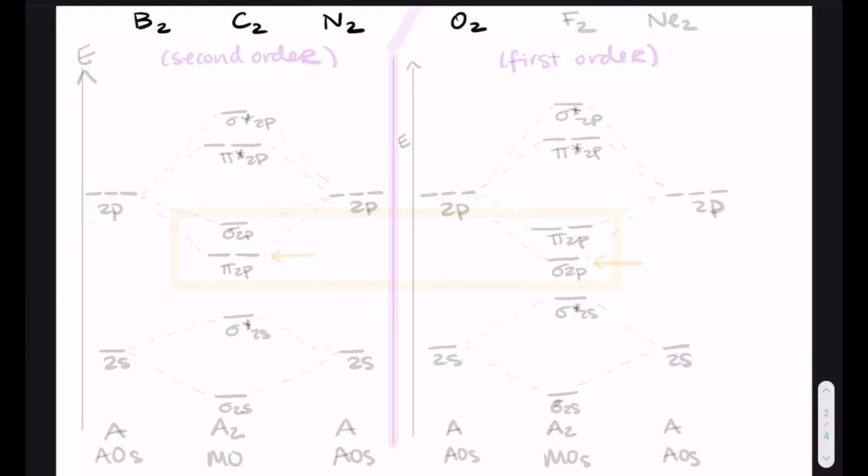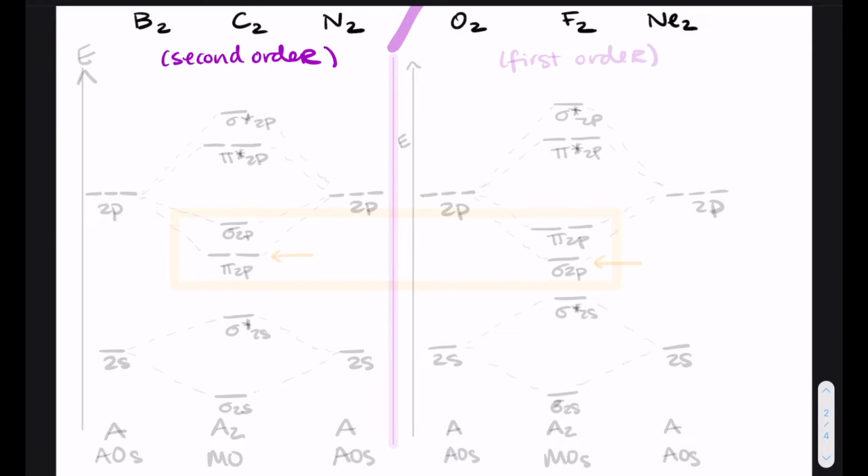The ordering, which was determined experimentally, you'll see slightly different for some parts of the periodic table than for others. I am going to give you these diagrams, and yes, I do want you to know the diagrams.